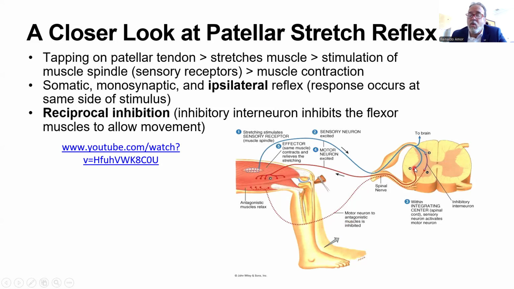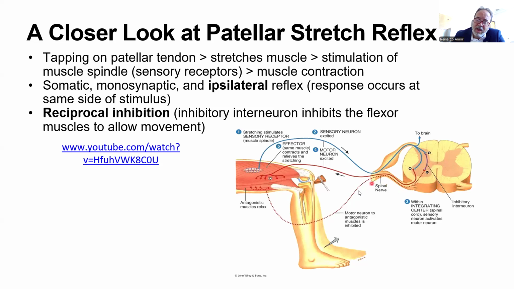So if you know where you need to go, you can easily classify this reflex. But notice that this sensory neuron is also passing this information to a somatic neuron, okay, and that one is inhibitory.